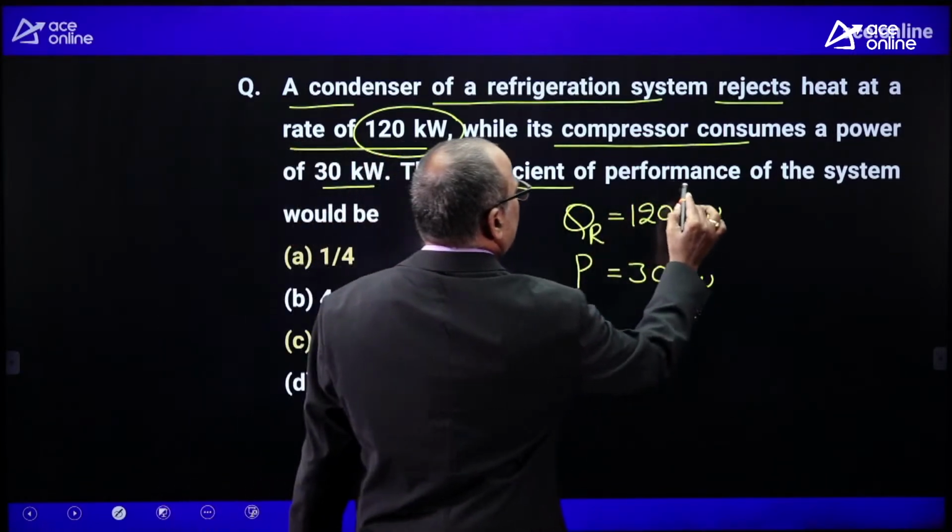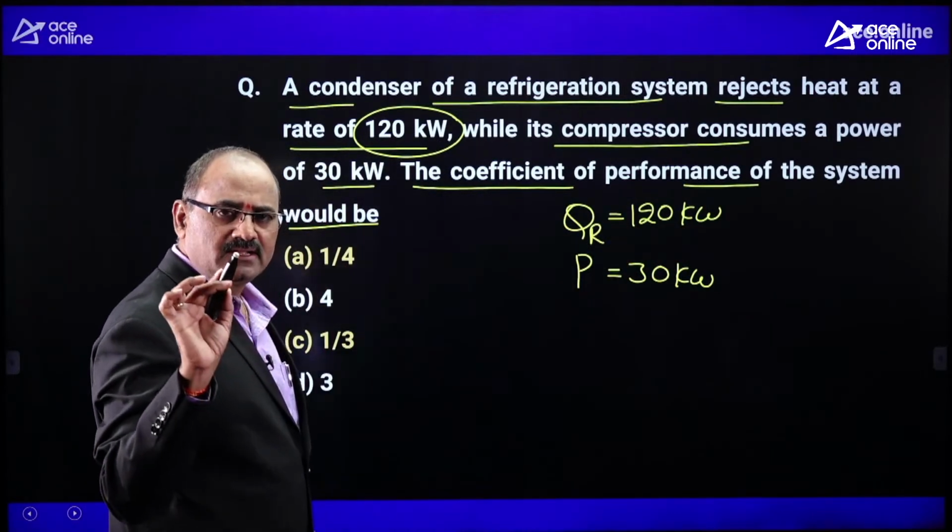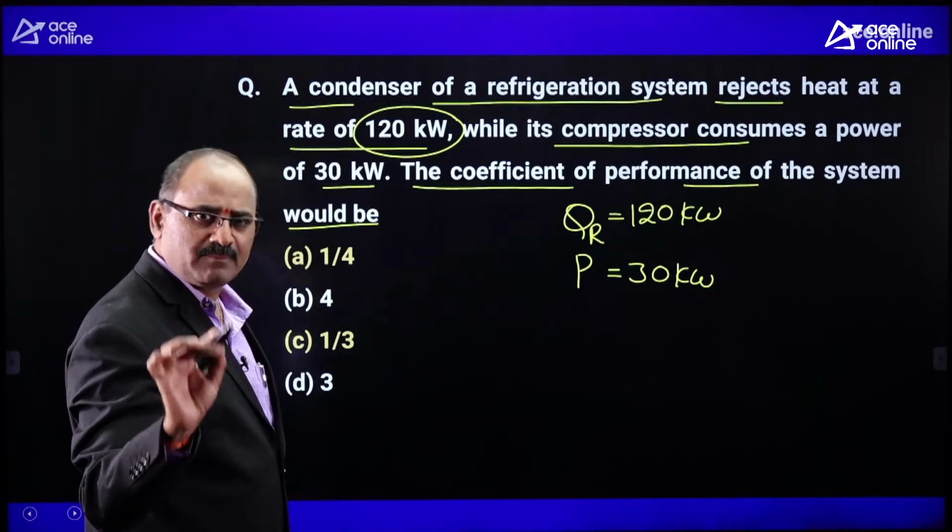The coefficient of performance of the system would be, you are asked to decide the COP of the system.